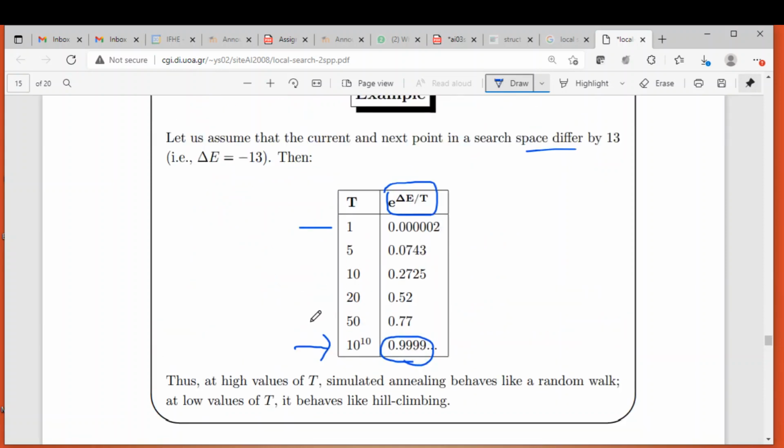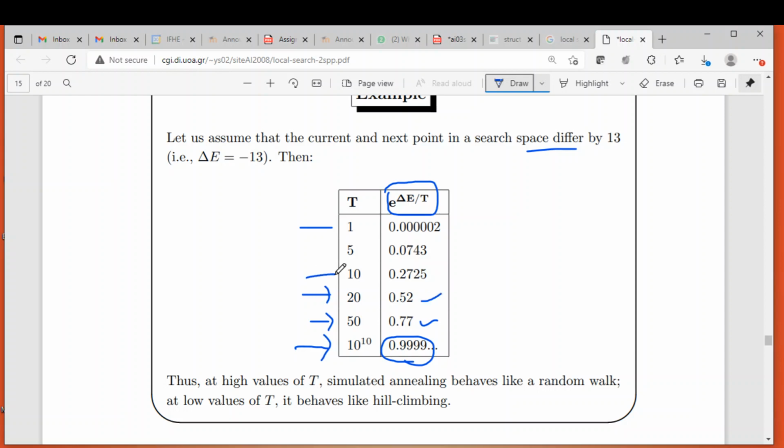If t is 50, we accept with the probability of 0.7. If t is 20, 0.5. If t is 10, 0.27. If t is 5, 0.07. If t is 1, 0.0002.